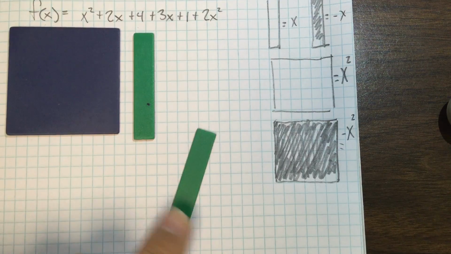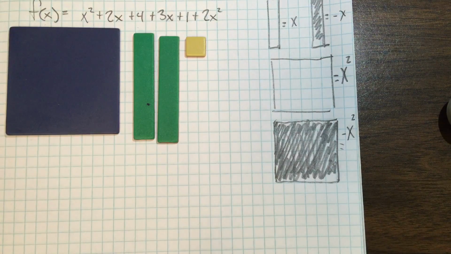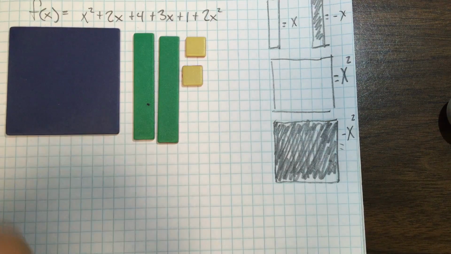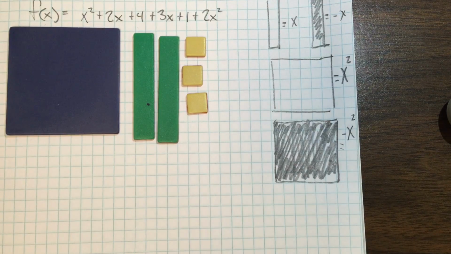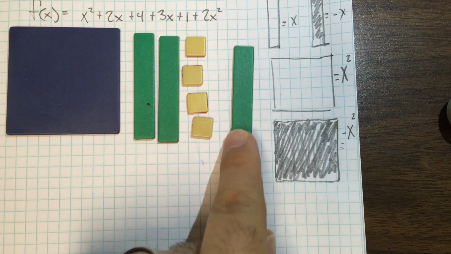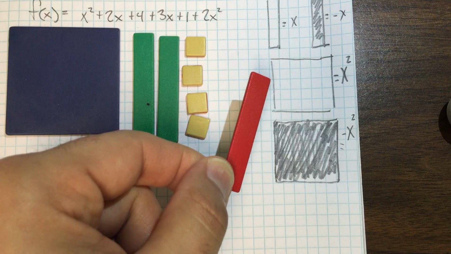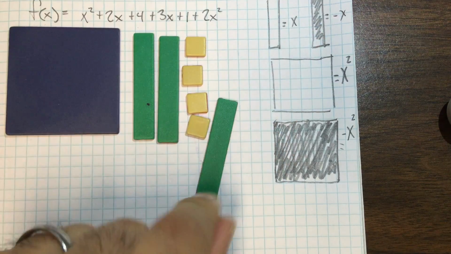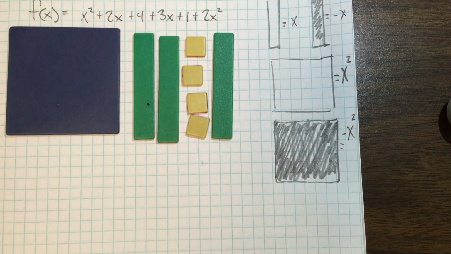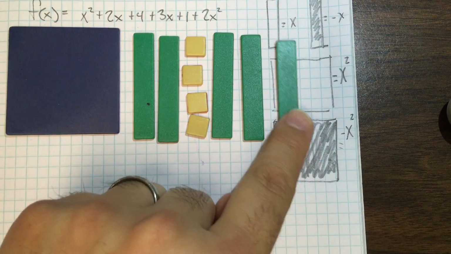So here we have 1x, here we have 2 x's, 1, 2, 3, and 4. And when I'm using Algebra Tiles, anything that's red is a negative. It corresponds to shaded. So that's 1, 2, and 3.